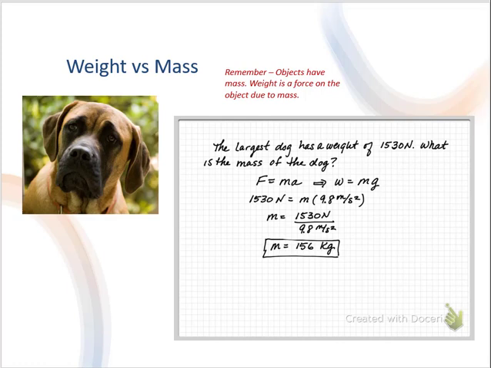And you start off with F equals ma, which is force is mass times acceleration. And since force is a weight, it turns into weight is mass times the acceleration due to gravity. And if you plug things in and divide out so you're collecting all your terms, you end up with the dog has a mass of 156 kilograms. So he's a big old dog.